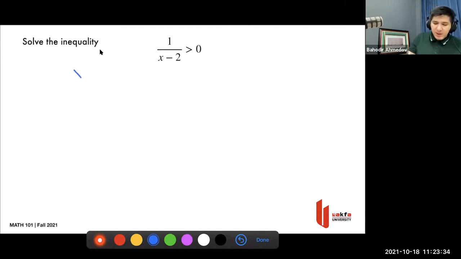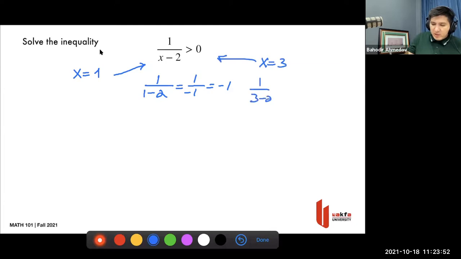For example, if you substitute x equal to 1 into here, what will you get? 1 divided by 1 minus 2 is minus 1, right? Simply, it's a negative number. If you substitute x equal to 3 here, it becomes 1 divided by 3 minus 2, which is 1 divided by 1, which is 1, a positive number.